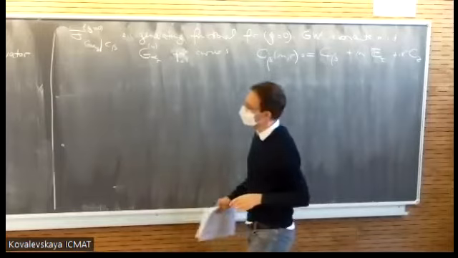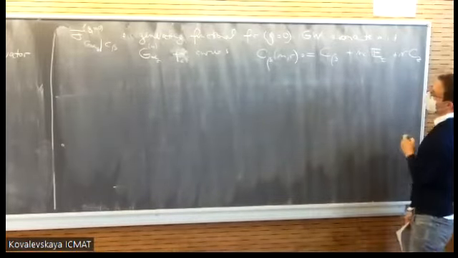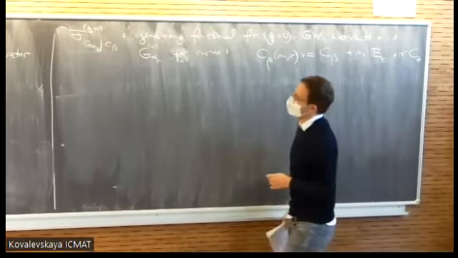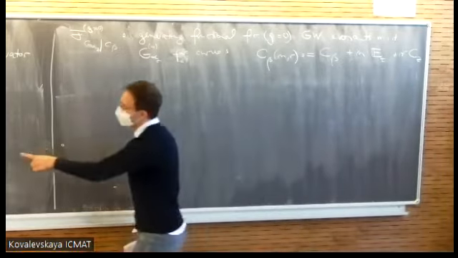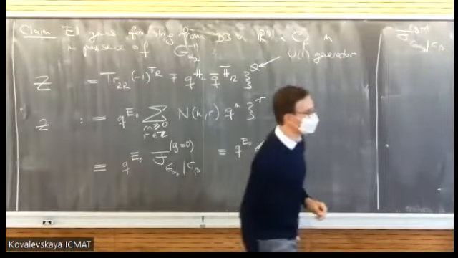Exactly the same object, just more abstractly, appeared, of course, yesterday in Georg's lecture, up to a normalization. I'm putting this factor of q to the E0 outside. That's the only notational difference.